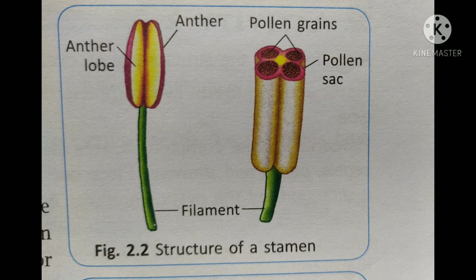Pollen grains are basically the yellow powdery substances present in the pollen sacs of anthers, and they are very important since they produce the male gametes for the process of fertilization. So the stamen consists of two parts, filament and anther.